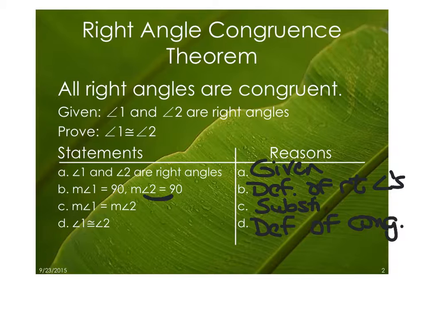So if they gave you the given, angle 1 and angle 2 are right angles, and they wanted you to prove this, because we've now proven this theorem, we could cut out these two steps, and we could jump right to the end, and instead of that reason, we would say by the right angle congruence theorem. Everybody understand what I just said? So really it would just be the two steps, the given, and then it's already been proven, and you just say by the right angles congruence theorem.